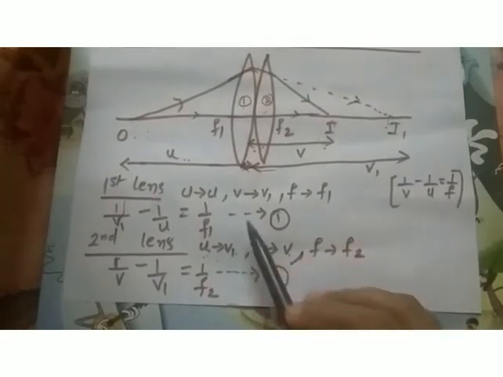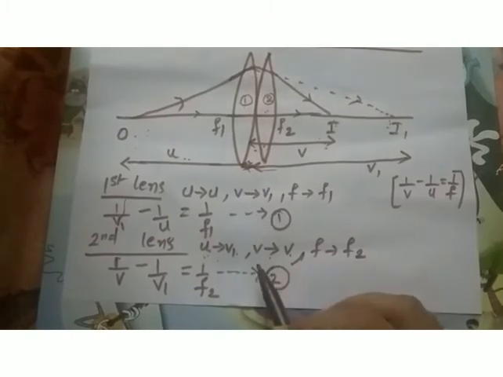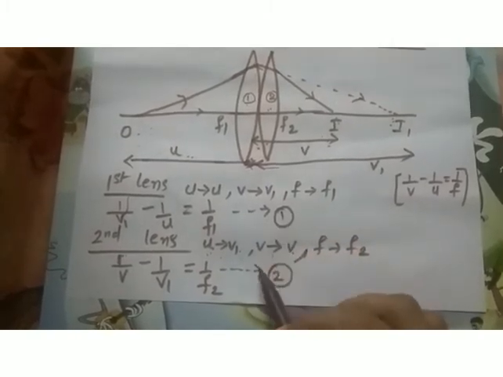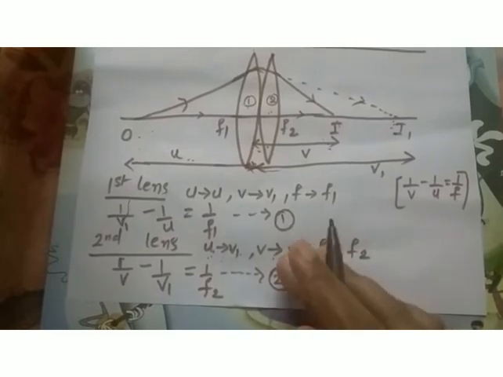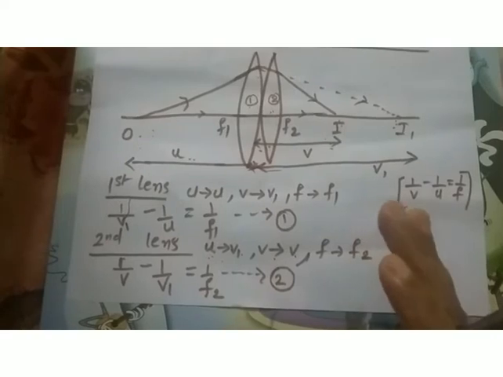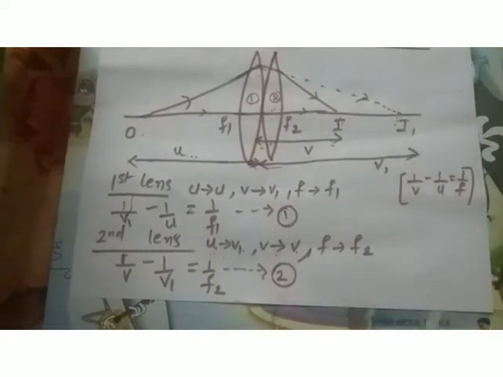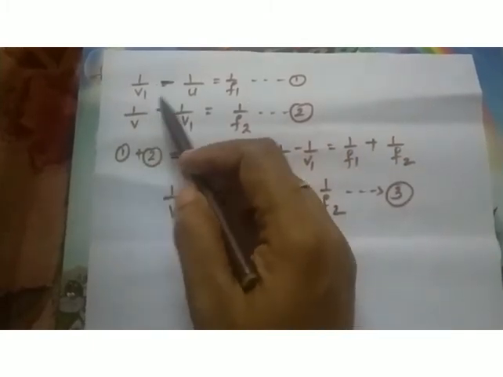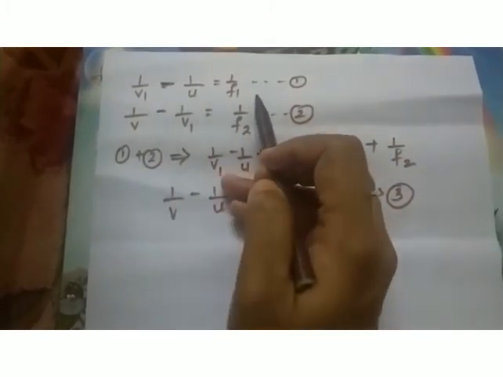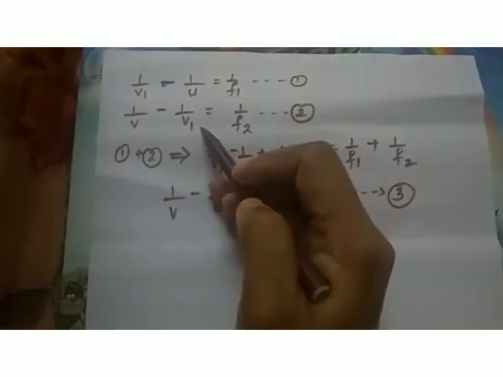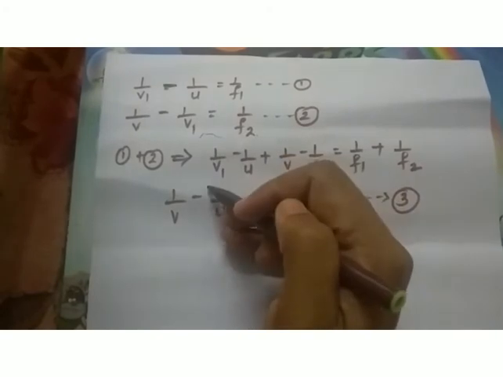So these are the two equations, and we are doing some mathematical operations on these two equations in order to get an expression for the focal length and power of this combination. So here this was our first expression, 1 by V1 minus 1 by U is equal to 1 by F1, and this is our second expression, 1 by V minus 1 by V1 equal to 1 by F2.